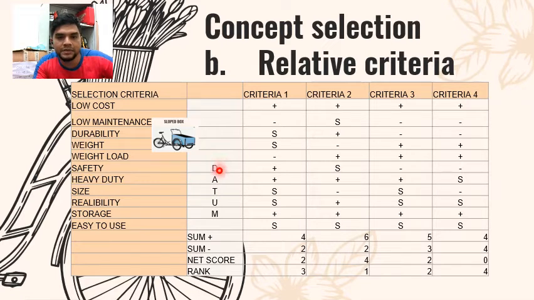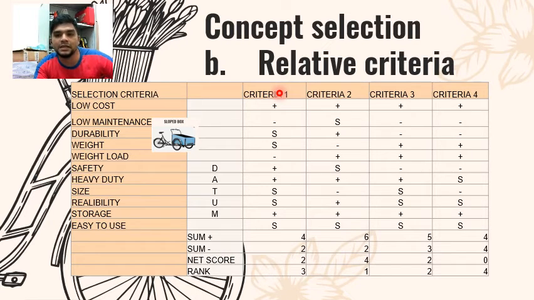Safety, heavy duty and storage are better than datum. Easy to use is the same as datum. The sum of better than for criteria 1 is 4. The sum of lower than for criteria 1 is 2. The net score is 2.